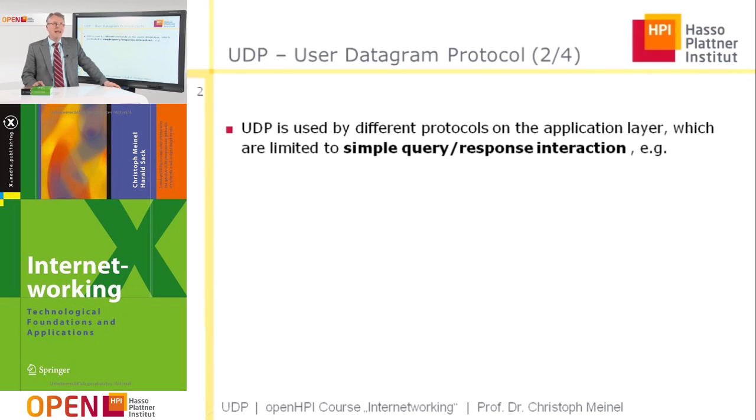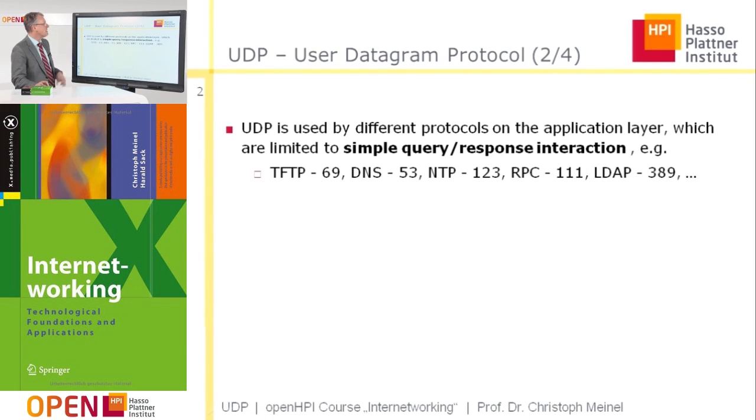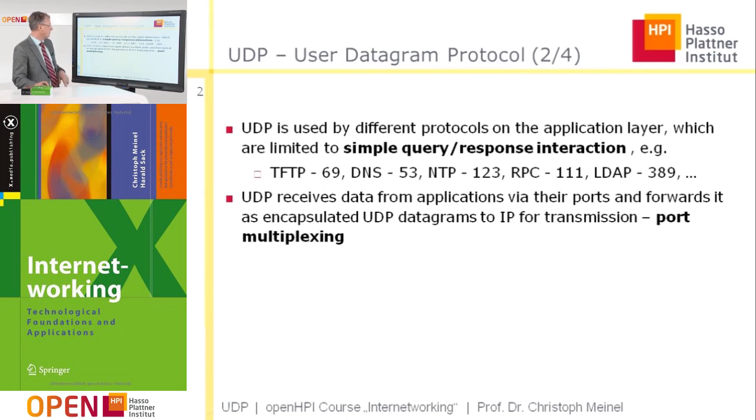UDP is used by different protocols on the application layer, which we will discuss next week. And it is used by protocols that only need a very limited and simple query-response interaction, for example, trivial FTP, the domain name service, the NTP protocol, the RPC protocol, the LDAP protocol. You see, these are the reserved port numbers for these services.